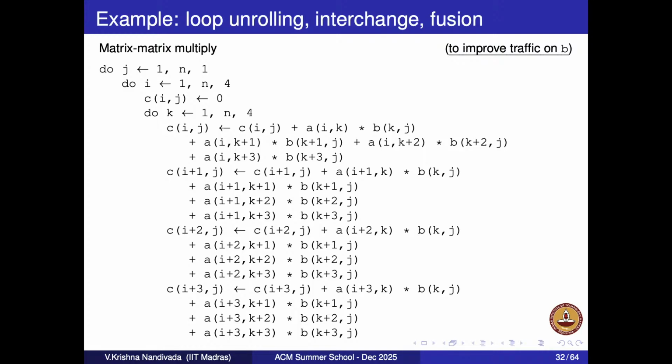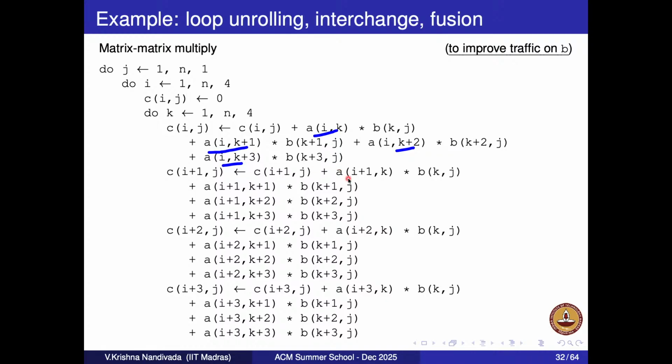When I bring in A I k, I will get A I k plus 1, A I k plus 2 and A I k plus 3. Once you get the first, the remaining 3 are coming from cache.